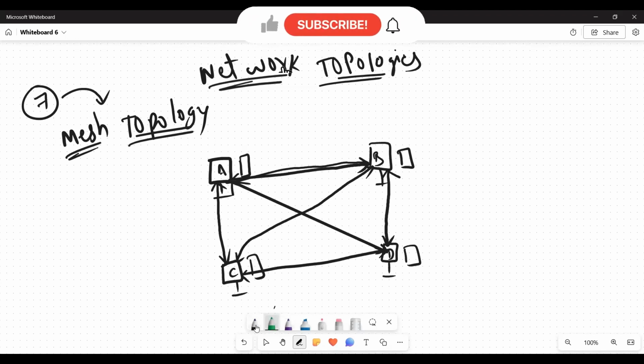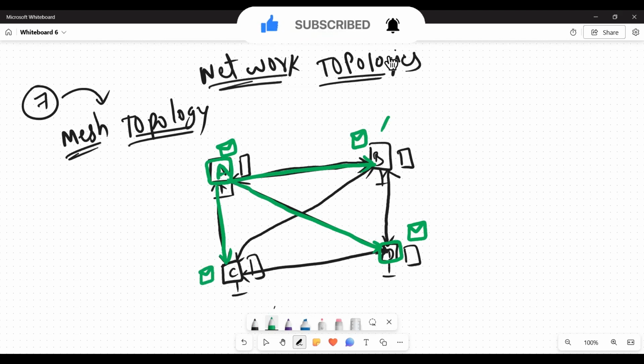So when a data transfer occurs, suppose A wants to send data to D. A will send the data at a time to B, C, and D. It will ask the question, does this data belong to you or not?